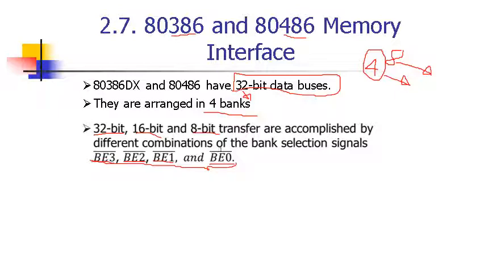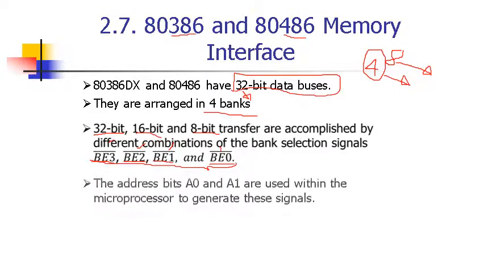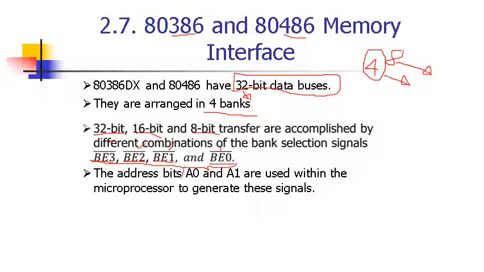So we have bank 0, the first, the second, and the third. So we have to assign 2 bits of your address to deal with these 4 different banks. This is why now your A0 and A1 of your address bus are dedicated to select among these 4 banks.